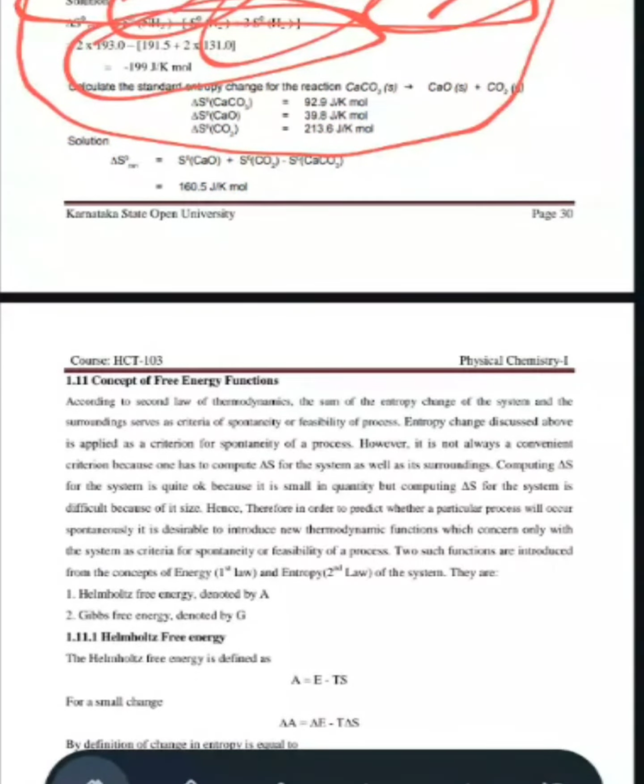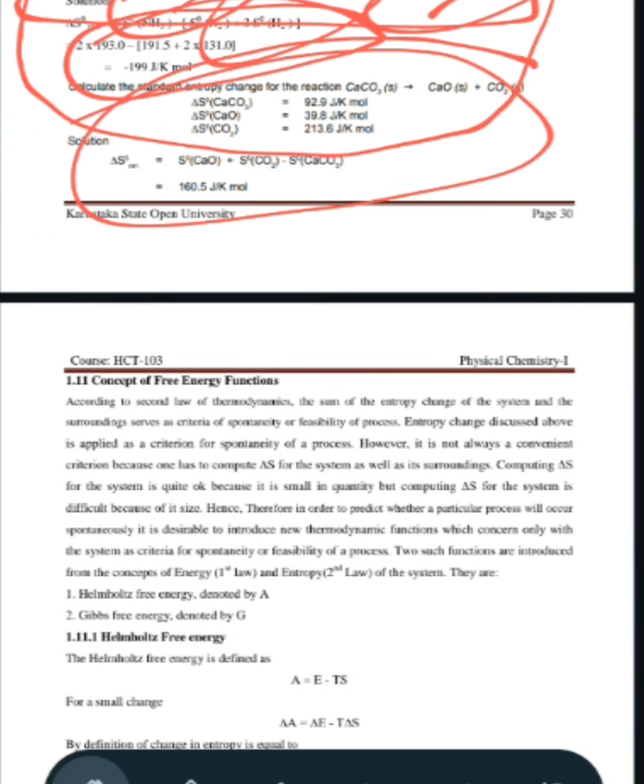Same thing they have calculated for the reaction of calcium carbonate. Next, here also we need to calculate the entropy, that is delta S naught. Delta S naught has to be calculated. How are you going to calculate delta S naught?